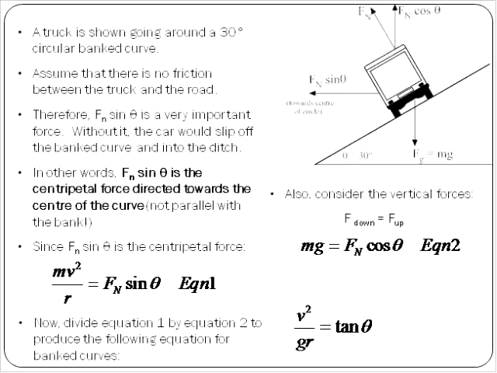Let's take a look at a truck going around a 30-degree banked turn. The angle right now is not really important, but remember the only two actual forces are Fg and Fn.